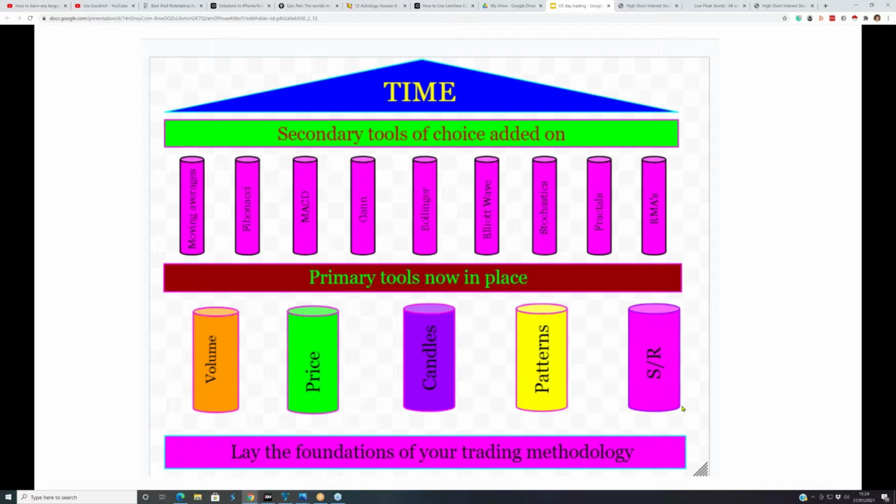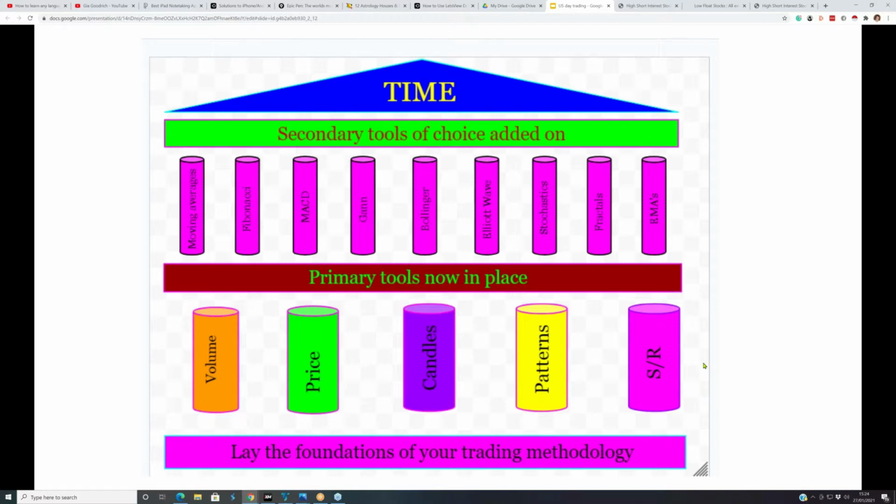On top of that, you can then add your favorite indicators and tools, some standard ones you can see here: Bollinger Bands, Elliott, stochastics, fractals, moving averages. We have proprietary ones that we've developed ourselves, and you'll be able to see them in action on the charts that we have for you today.